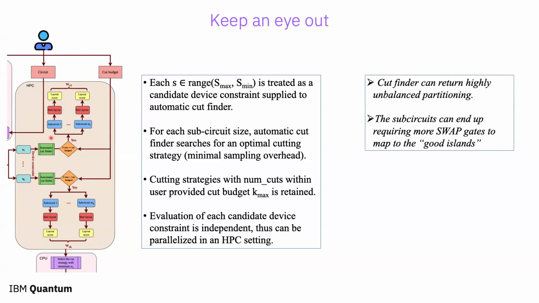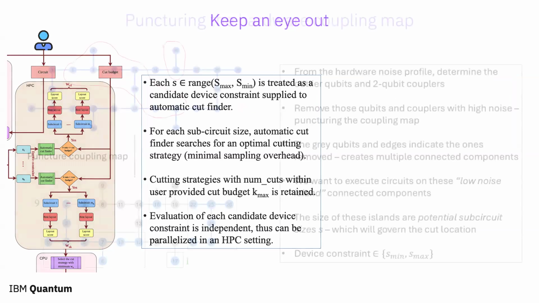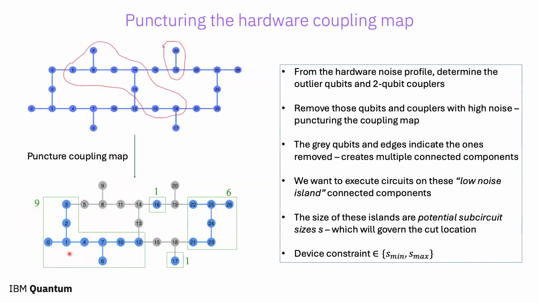Now, here is a problem. The automatic cut finder will return to you a cut strategy with the lowest sampling overhead, the lowest number of cuts. So say you give it a 10 qubit circuit, and if you have your S max as 9, just like we had S max here, it can give you a 9:1 cut.